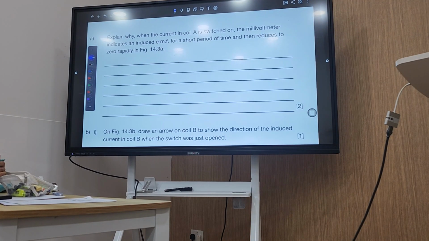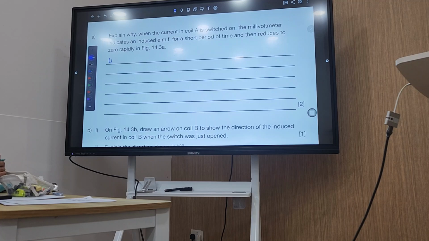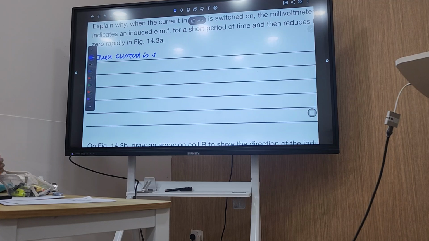So let's say, firstly, when current is switched on, coil A becomes an electromagnet.